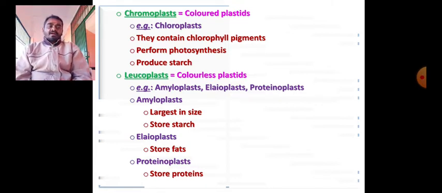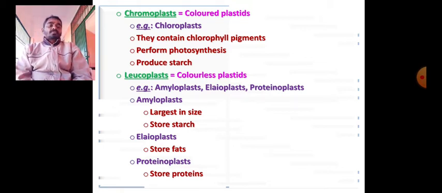So why are they named differently? Leucoplast we can commonly call and leave it, no? Why do we have different names for that? Because they have different functions, so different names. Amyloplasts are larger in size and store only starch. Amyloplasts will always store starch. Remember, this is an important question. Elaioplasts store only fat materials.